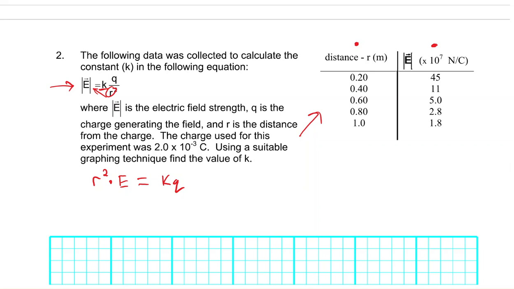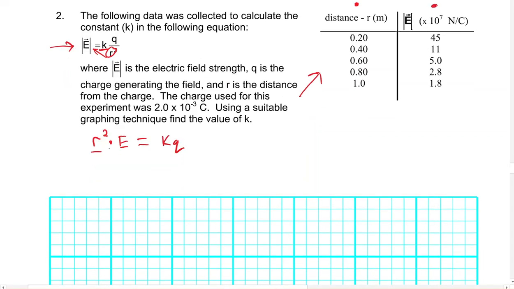Hopefully that made sense. Right now I've got R squared times E, but I need something over something, a rise over a run. We can do a couple little tricks here, and it doesn't matter which one you do. Do you remember how we turned it into 1 over something? We're going to do that again.